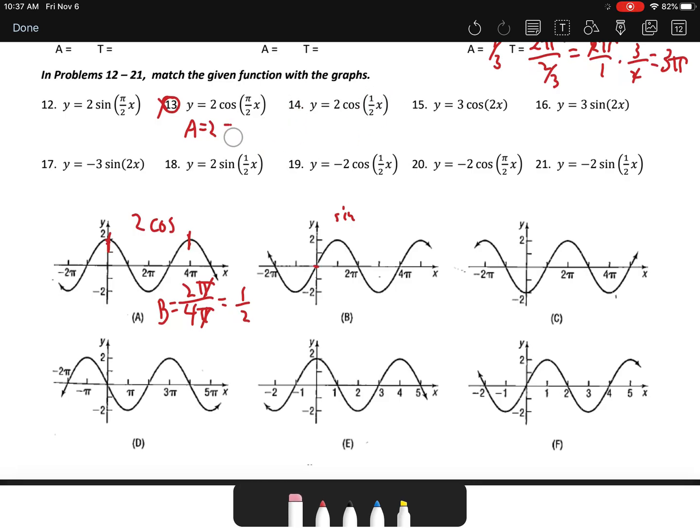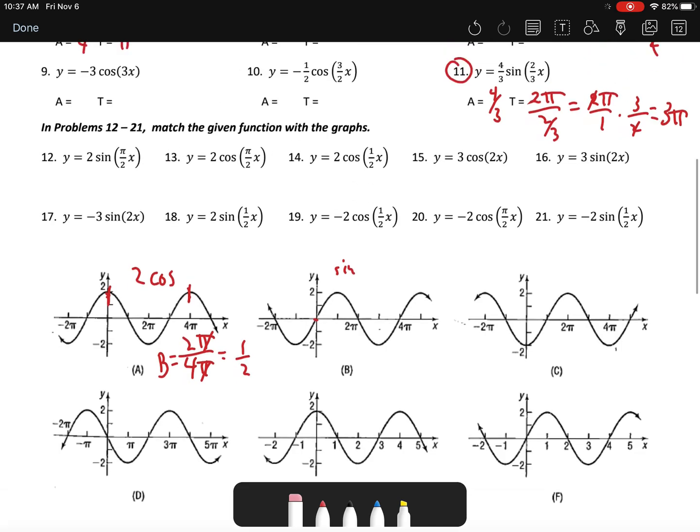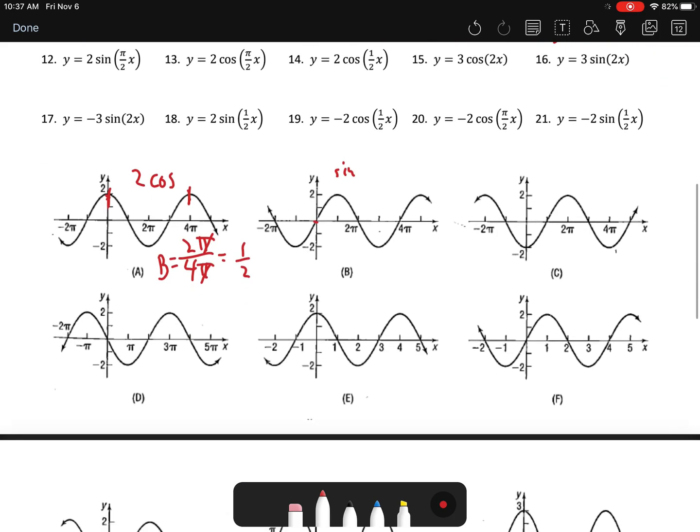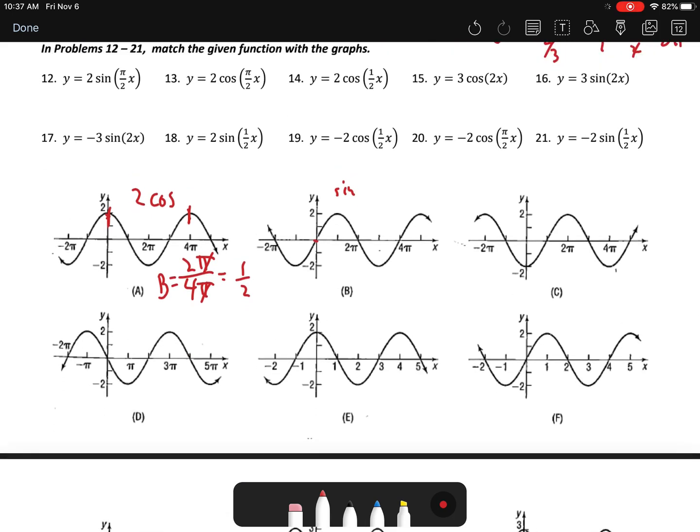So let me replay that here. It was probably a little confusing. So b, if t is 2 pi over b, then b is 2 pi over t, because it's a reciprocal function. So over here on this equation, I know that t is 4 pi, the period right here. That's t.